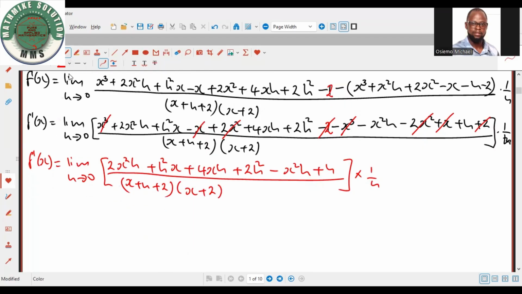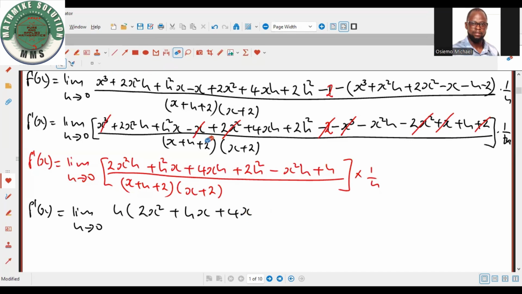So we're going to have f prime of x equals the limit as h tends to 0 of h, then into bracket 2x squared plus hx, then plus 4x, just plus 4x because we have already factorized h.